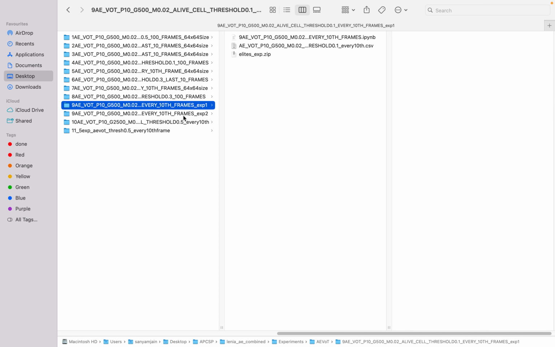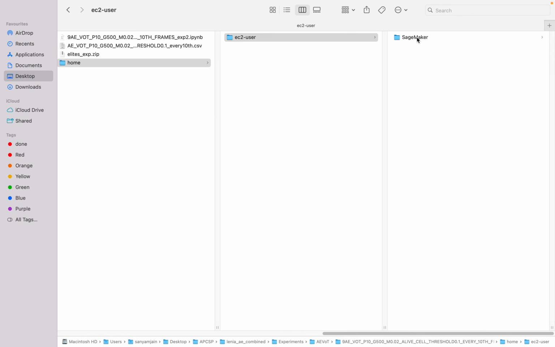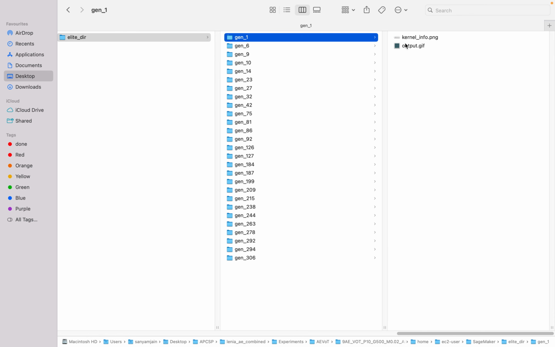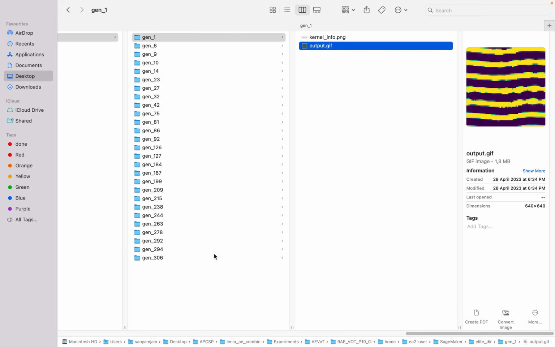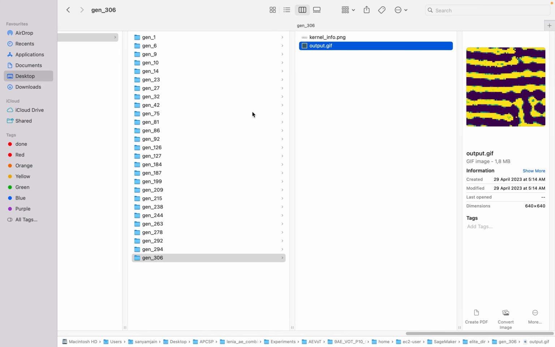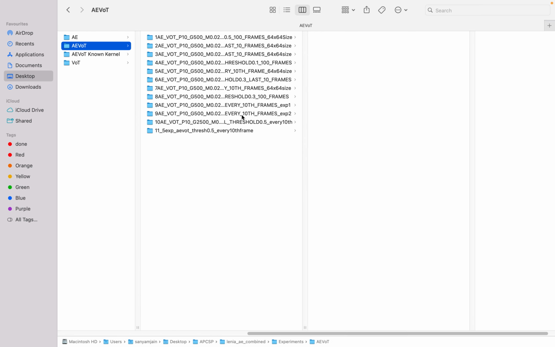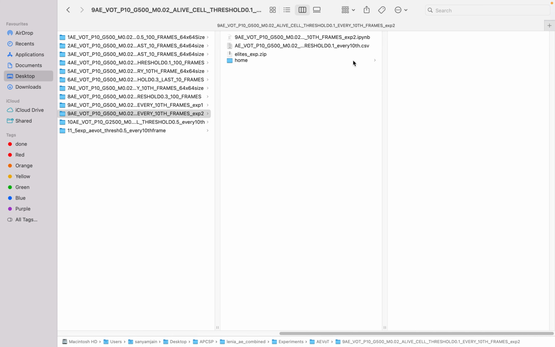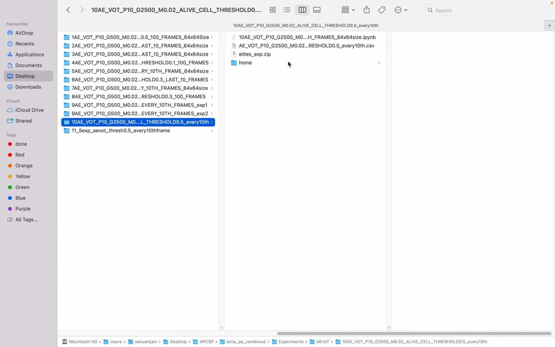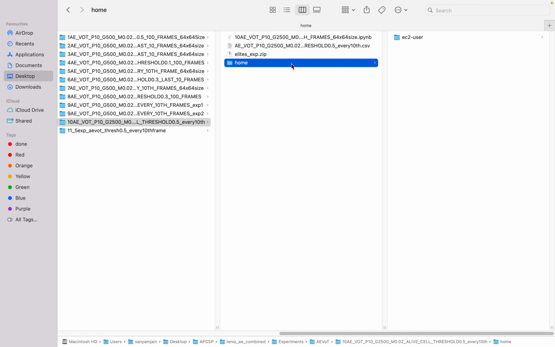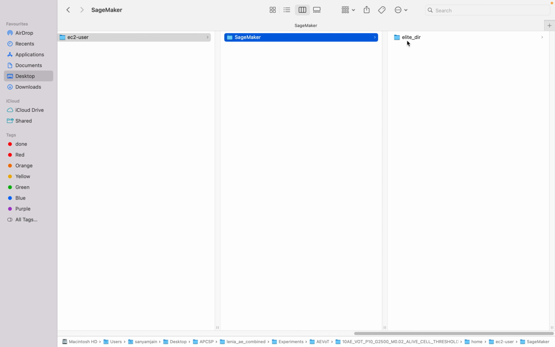These are two different experiments for the same configuration. Okay, not much progress though. Then we have 2500 generations, right?